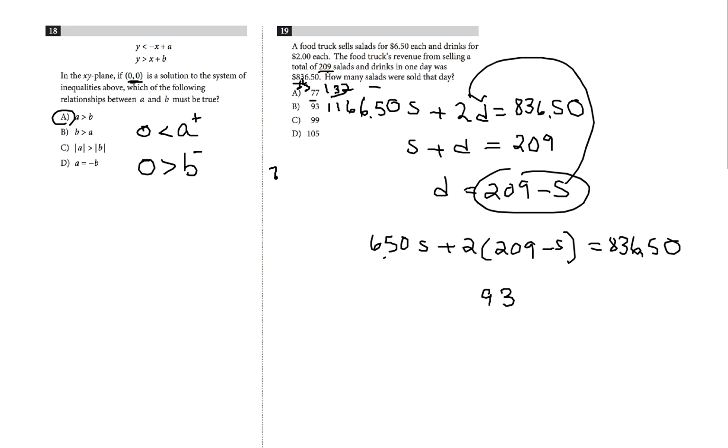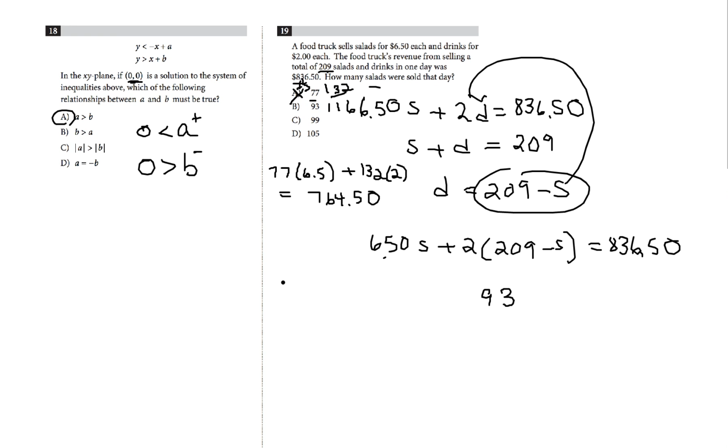So if you had 77 salads at $6.50 each, plus 132 drinks at $2 each, and we added these in your calculator, 77 times 6.5 plus 132 times 2, it equals $764.50. But it said that we made $836, so this one's wrong.